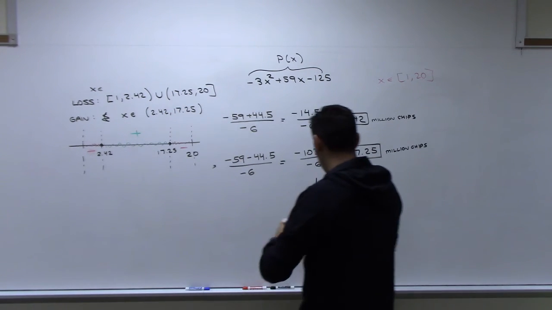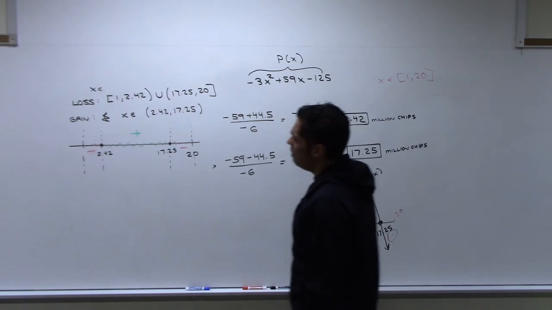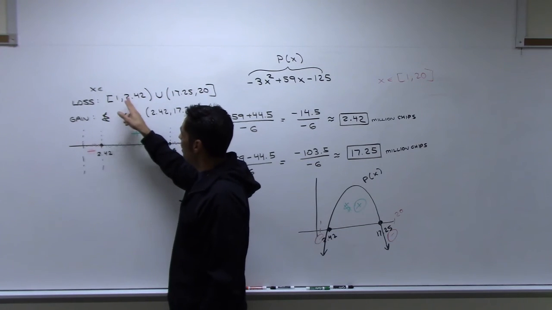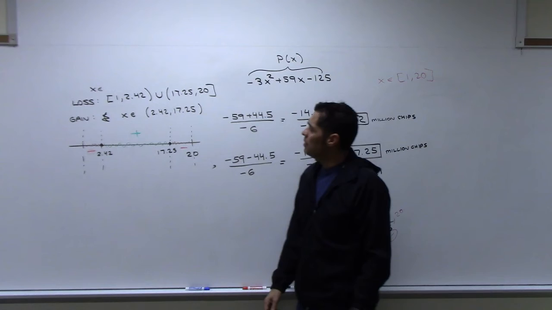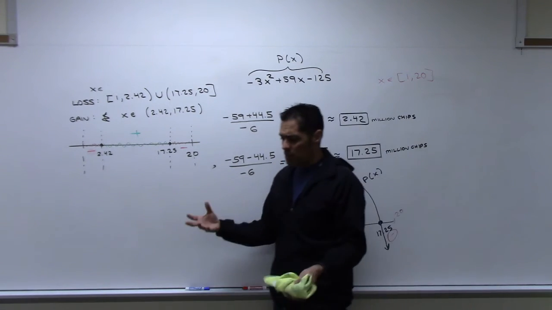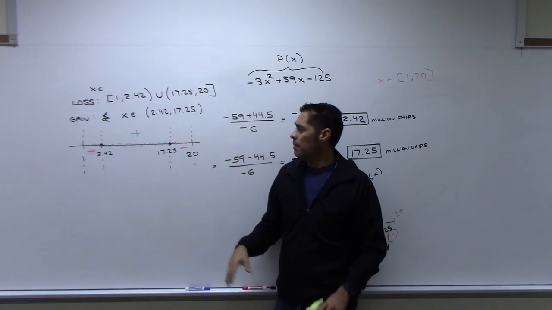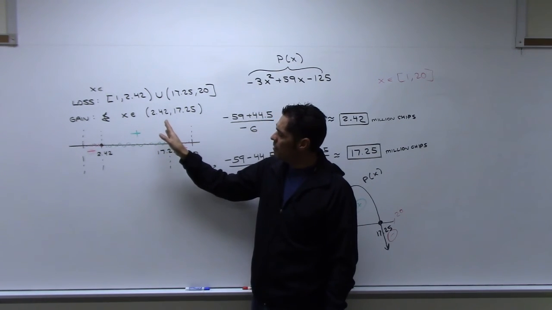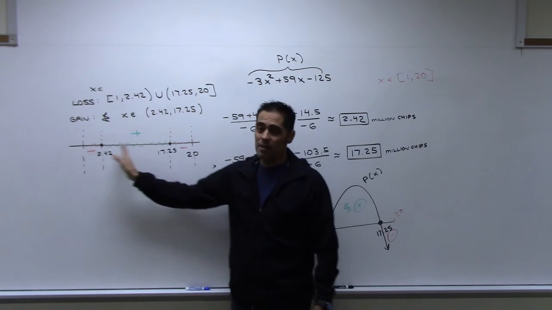All right, so let's just summarize this. If you manufacture and sell anywhere between 1 million and 2.42 million chips, or 17.25 million to 20 million chips, anything in that region, you're going to be losing money. If you keep your production and sales of chips between 2.42 million and 17.25 million, you should be in the green.